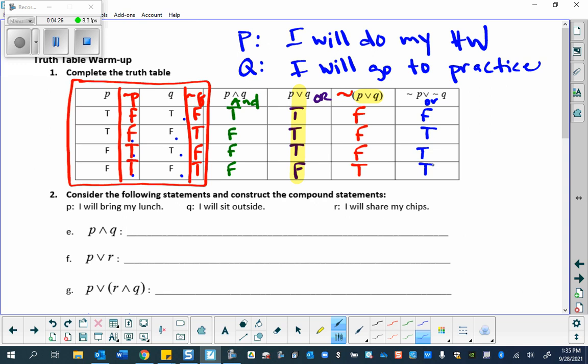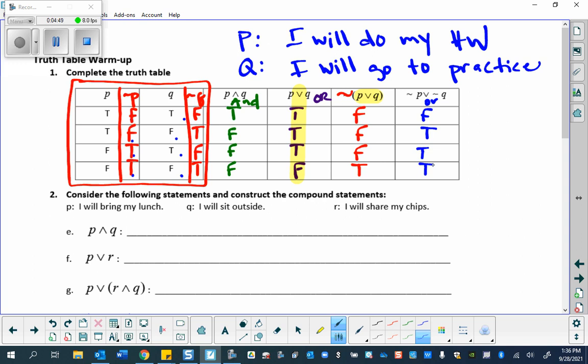Now you can talk about any single scenario coming from this, and you can say, if I'm not going to do my homework or I'm not going to go to practice, you can see when those truth values have their outcomes. Make sense? All right.